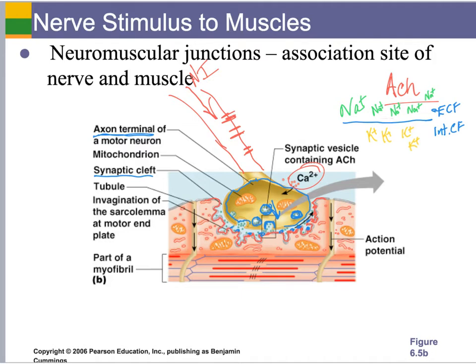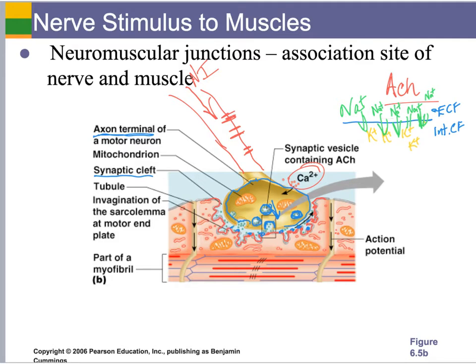However, when the ACH binds to its receptors, it changes that voltage because it makes the sarcolemma permeable to sodium. And sodium's going to rush in. So before, we say it was polarized, very stable. Either side of the sarcolemma is polarized.